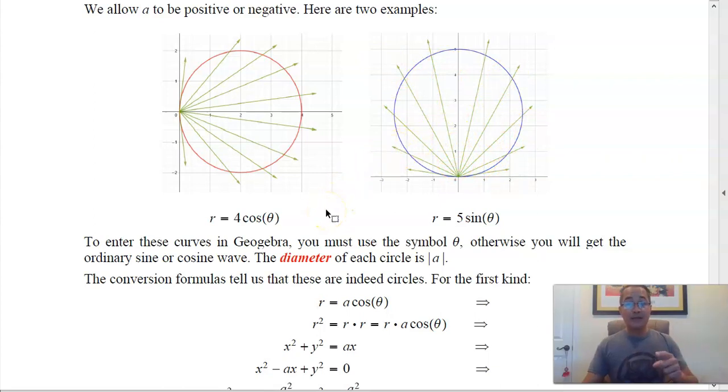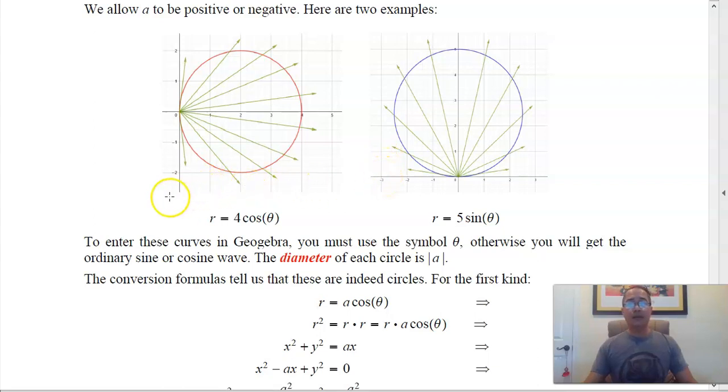What about the angles, though? What is the initial angle and the terminal angle? For here, it would be convenient to have the initial angle at negative pi over 2 and the terminal angle at positive pi over 2. Similarly here, initial angle of 0, terminal angle of pi.